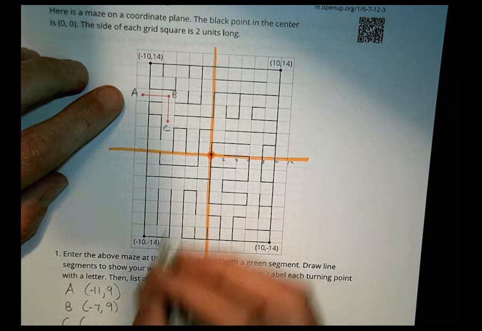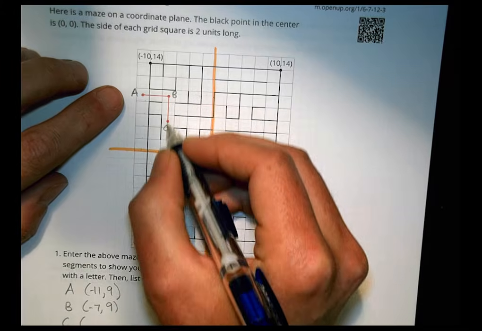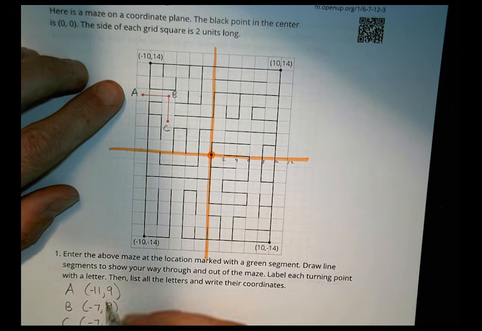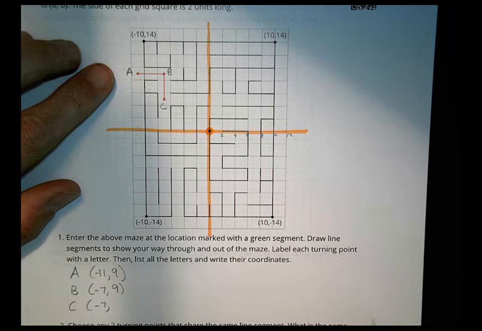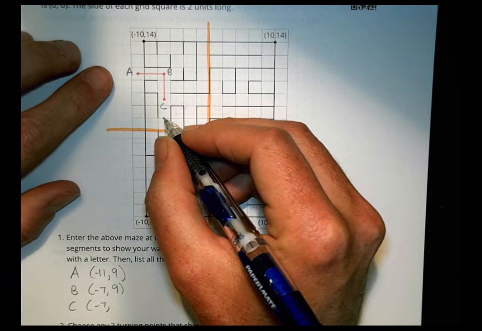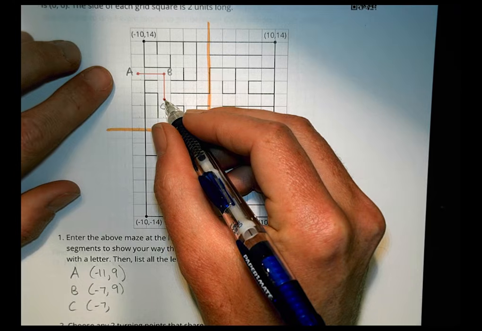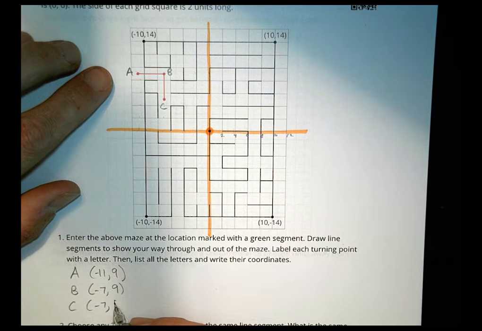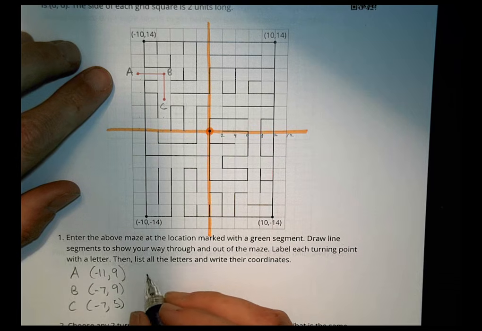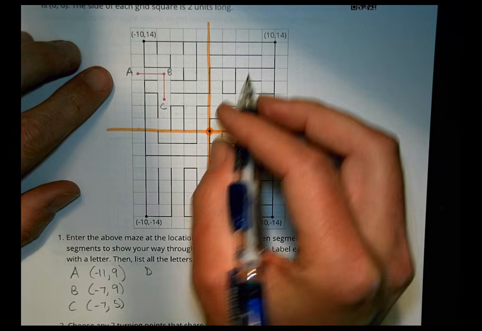Now when it goes down this way to C, in this case our x value stays the same spot, so we can keep this at negative 7, but our y value definitely is a different spot. So let's count it from the x axis, 2, 4, and one more makes 5, and we're there. So now we need to continue going through this maze. So let's go to point D. Where do you want to go next?